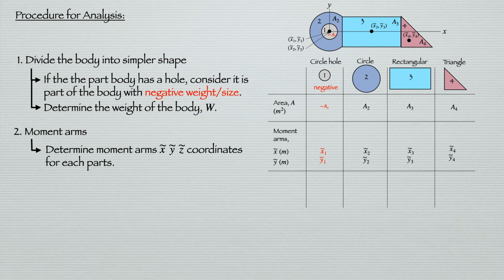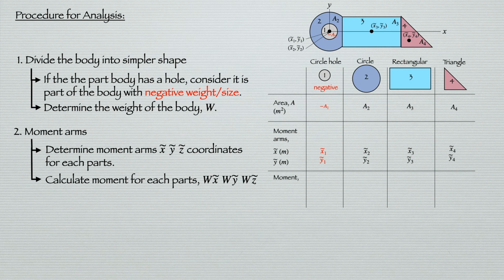This is the distance that we are going to use to determine the moment, because you know that the moment is equal to force or the weight of the body times the perpendicular distance. That's why X and Y are what we call the perpendicular distance, the moment arms.